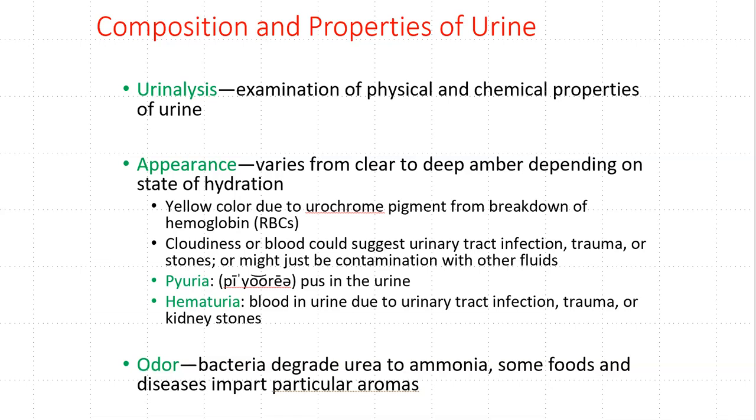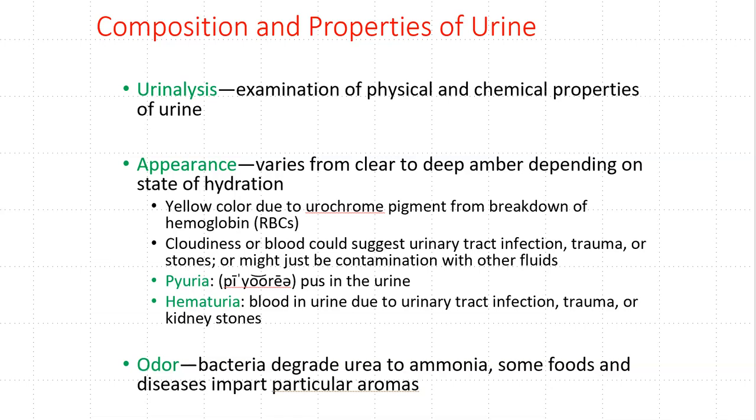Normal urine varies from clear to deep amber color depending on how hydrated you are. You should not see any blood in the urine. The color of urine is basically due to urochrome, which is a pigment formed as a result of breakdown of red blood cells.